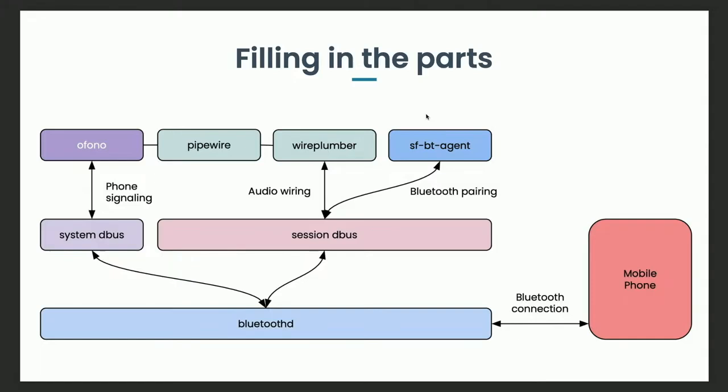They are a kind of new audio framework in Linux. You have Ofono, which is a pretty ancient project from 2009 in order to drive your phones. And then you need some kind of, I call it the Sipfront Bluetooth agent, but we're going to look at how you can actually do that by yourself. And all of that is glued together with a dbus system. Yeah? And let's look at what that means.